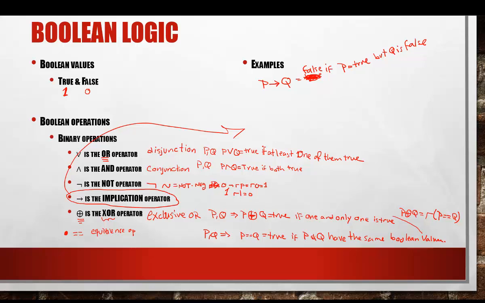And this implication is really important, because this is at the heart of deriving mathematical proofs. Effectively, you can think of the implication as this: if P, then Q. These two are basically equivalent.